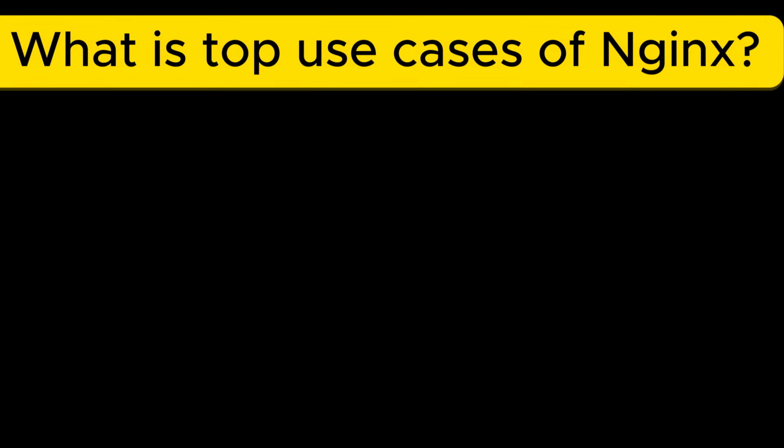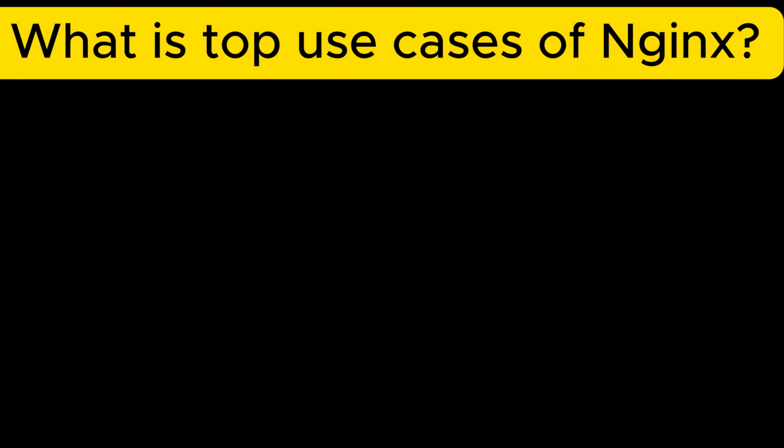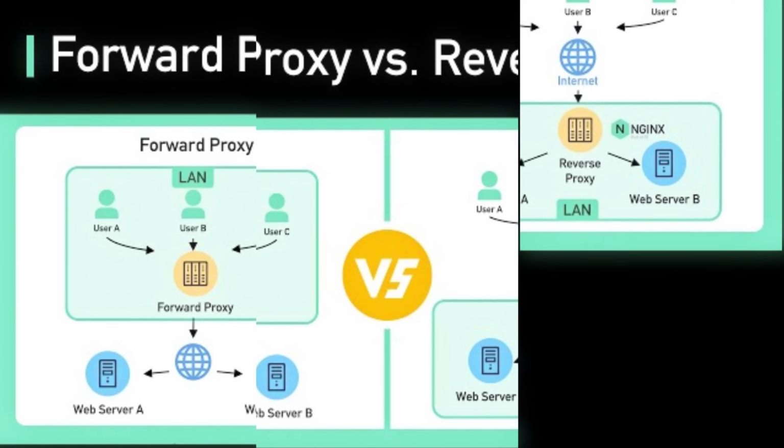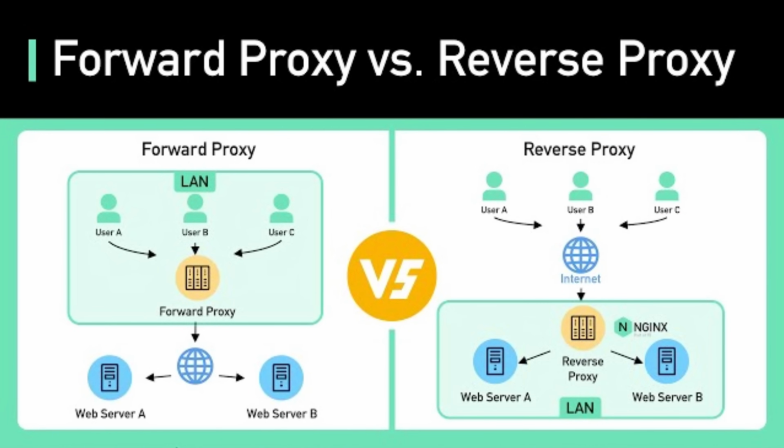Then we have another top use case of Nginx, which is proxy server. Here you can see that we can use it as a forward proxy and reverse proxy. When we configure Nginx as a forward proxy, it sits between the client and the internet. First the request goes to Nginx, where we configure where to forward requests.